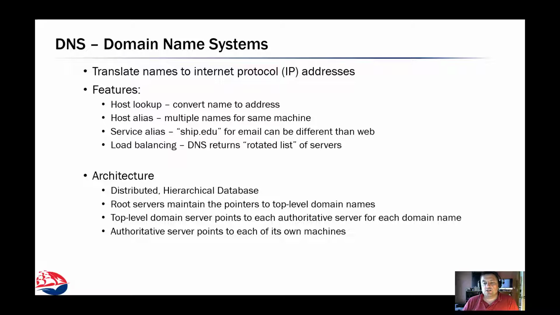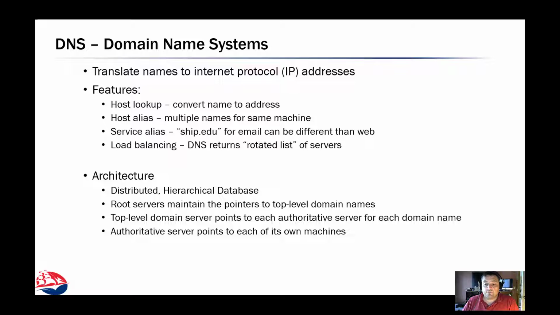Using this strategy, now we can have several physical machines that each have an alias of www.ship.edu. And then the DNS is just going to rotate and randomly give me one of those different machines each time. And so theoretically, as I have users looking up and hitting one of my web servers, they're going to get a different machine and spread the load out evenly.